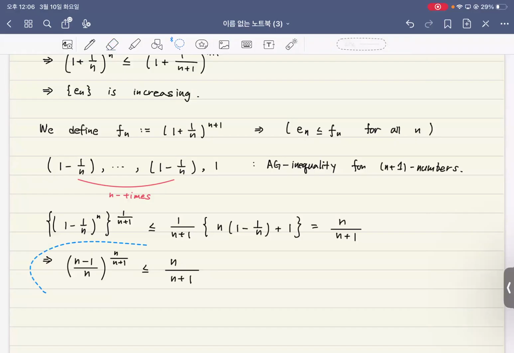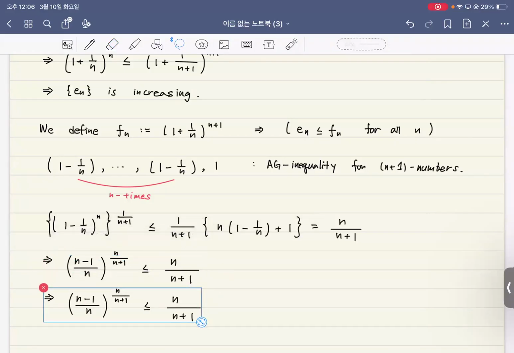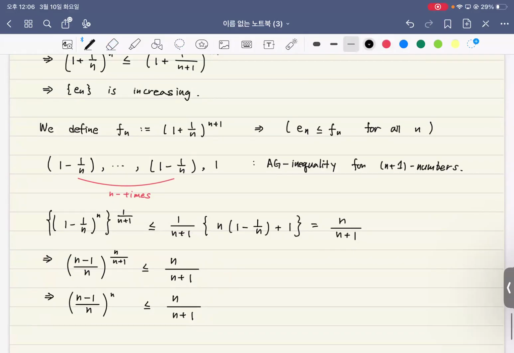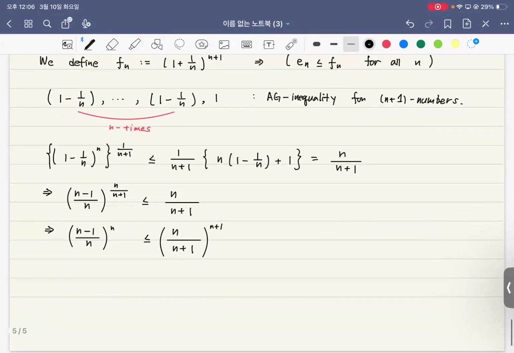So everything to the nth is less than or equal to n plus first. Okay, this doesn't, so it looks like it's leading us nowhere.